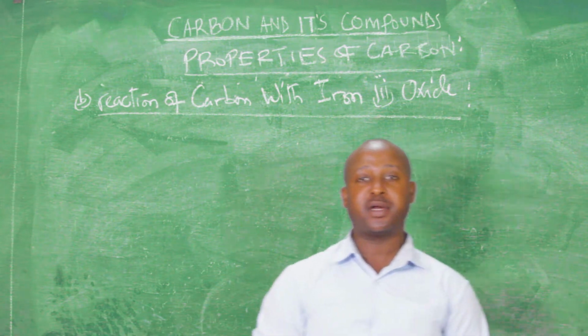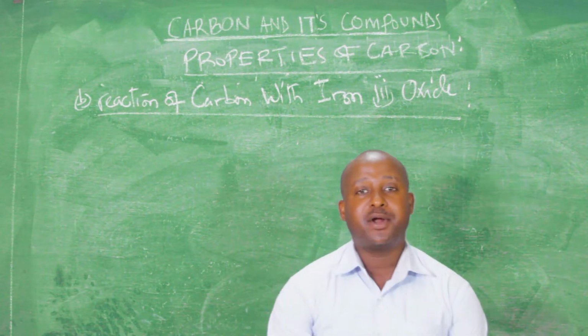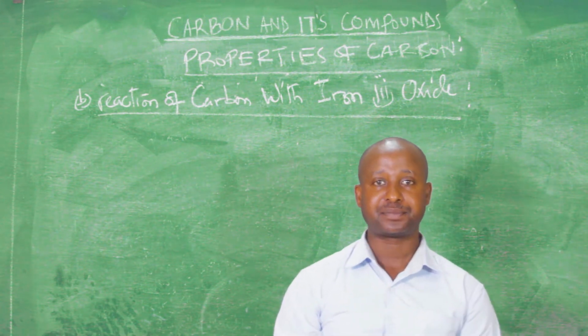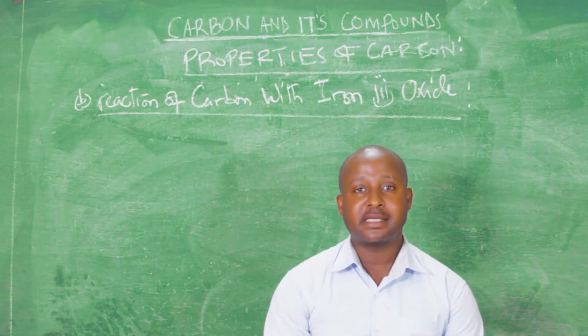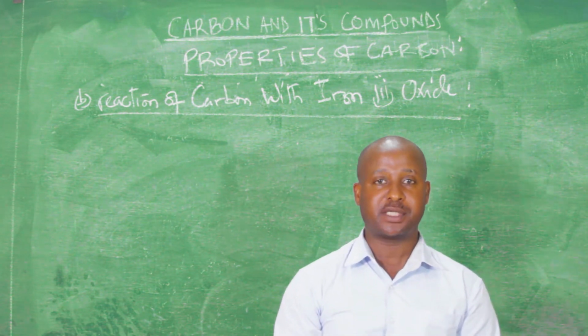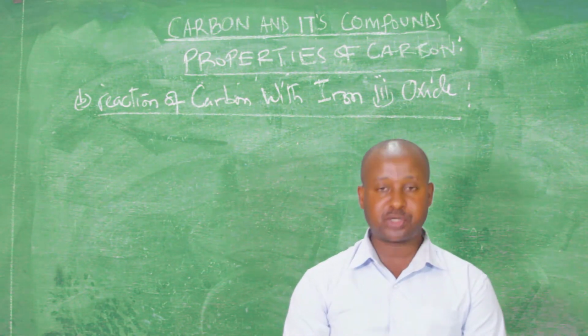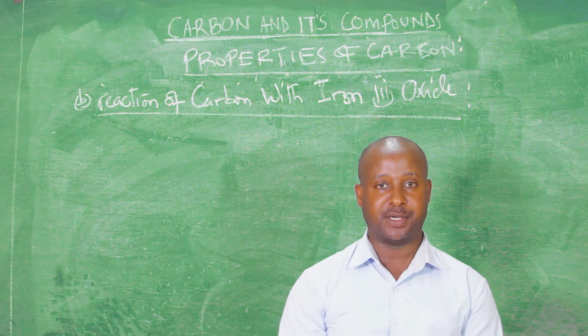How does carbon react with iron 3 oxide? When carbon reacts with iron 3 oxide, carbon dioxide gas is produced and iron metal is also liberated during this chemical reaction.